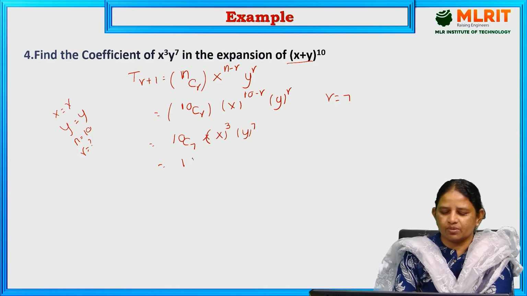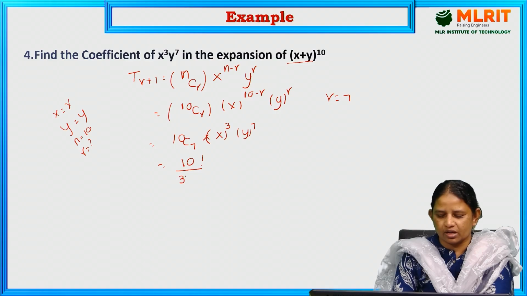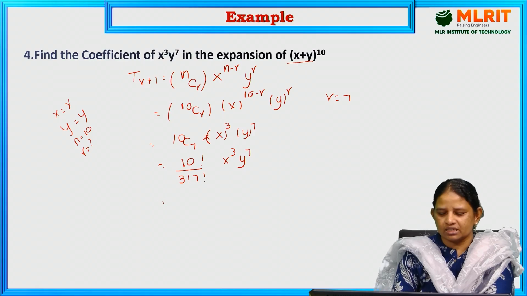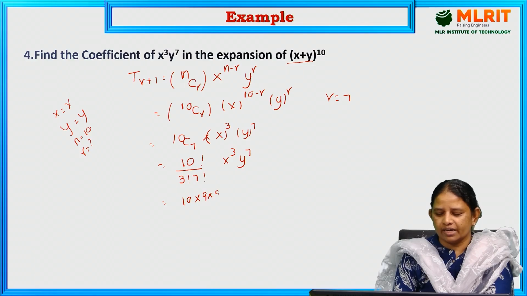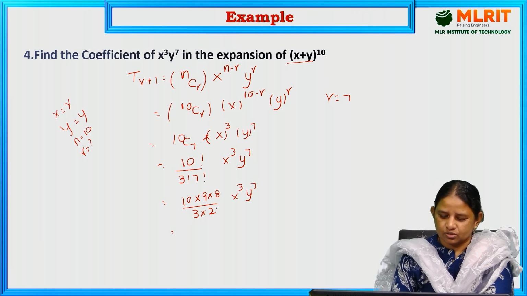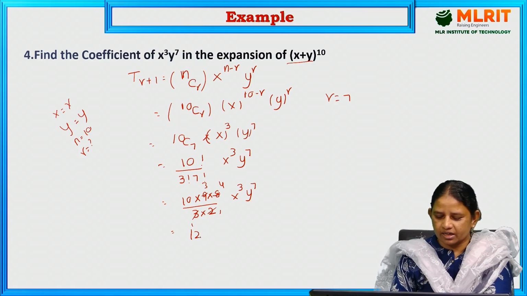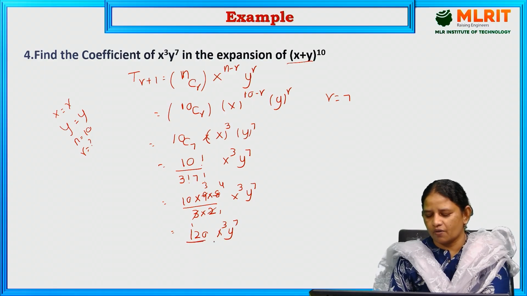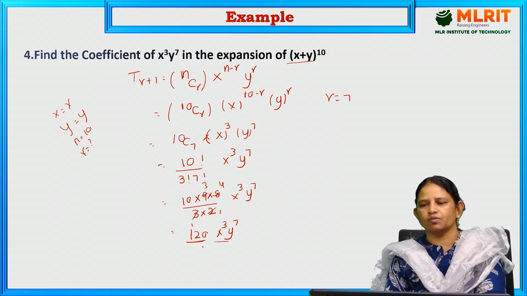So 10C7 means 10 factorial by (10 minus 7), that is 3 factorial, then 7 factorial, x cube into y to the power of 7. So 10 factorial by 7 factorial means 10 into 9 into 8 divided by 3 into 2. So 2 fours are 8, then 3 threes are 9, we'll get 120 x cube y to the power of 7. So 120 is the coefficient value of x to the power of 3 and y to the power of 7.